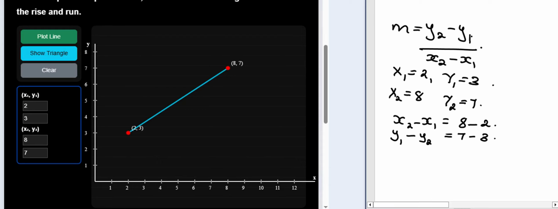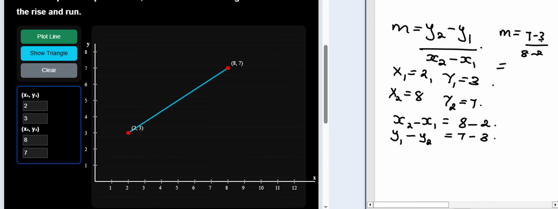Once we take the vertical change divided by the horizontal change, we get the gradient of that line. For example, in our case, the gradient of this line. If I was to calculate the gradient of this line, I would say m is equal to change in y, which is given by y2 minus y1, and we already have it, which was 7 minus 3, divided by change in x, which is given by x2 minus x1, which is 8 minus 2.